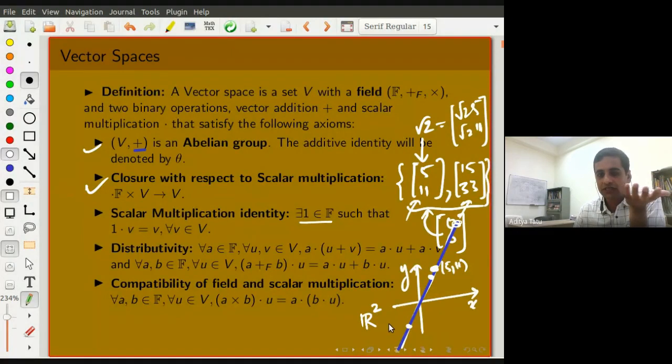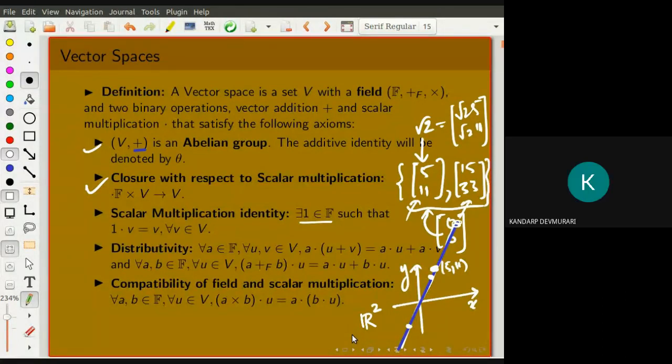I'm not sure that we have looked at this, but R2 also is a vector space, right? You can check these properties again, it will satisfy. So the short answer to your question is 2. Okay. Yes, sir. Got it. All right.